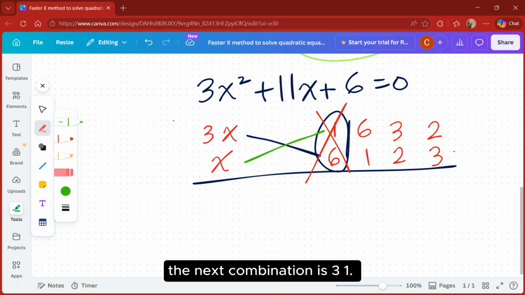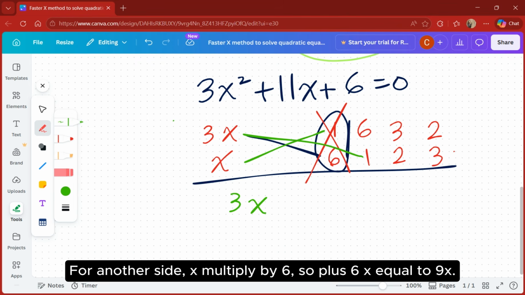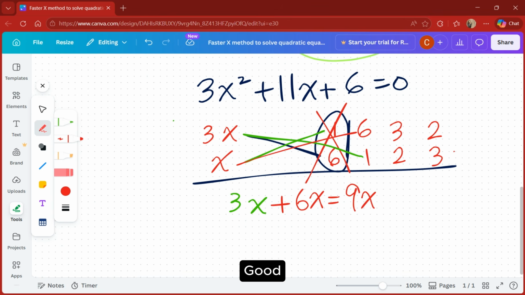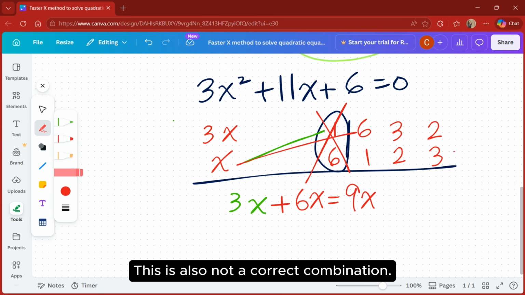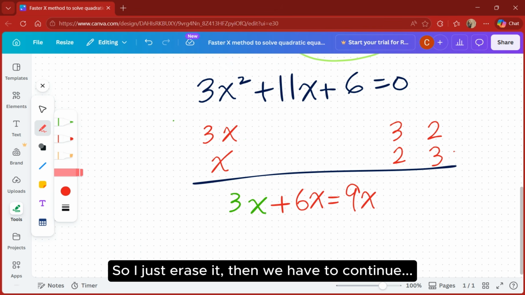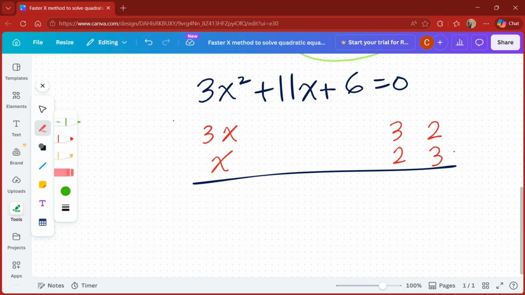The next combination is 3, 1. 3x multiplied by 1, we got 3x. Another side, x multiplied by 6, so plus 6x, equal to 9x. This is also not the correct combination, so I just erase it. Then we have to continue.